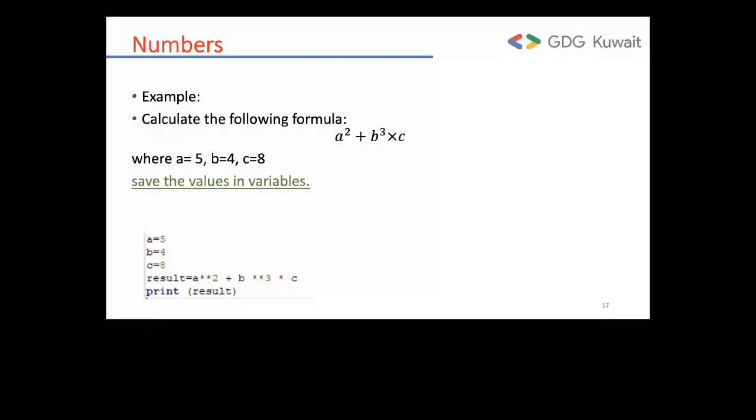Then we define a fourth variable called results that will be equal to 2 multiplied by a to the power 2. Two asterisks in Python mean to the power. Plus b to the power 3, then multiplied by c, and when we use the print function, it will give us the results.